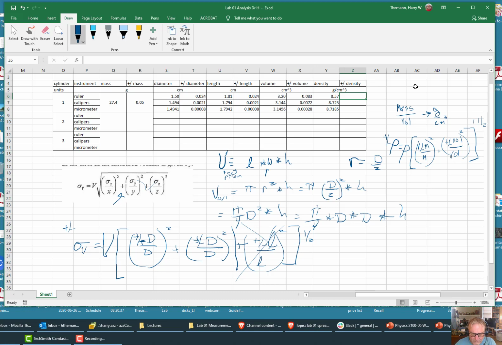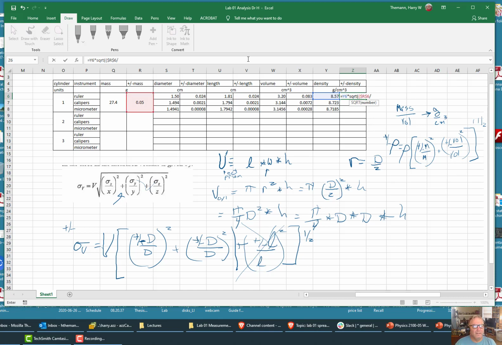Okay, so we go equals the density times, we need the square root function again, SQRT. And then we make our 2 terms inside, so we need parentheses. It's plus minus the mass. And we need our dollar signs again, so I'm going to hit F4.